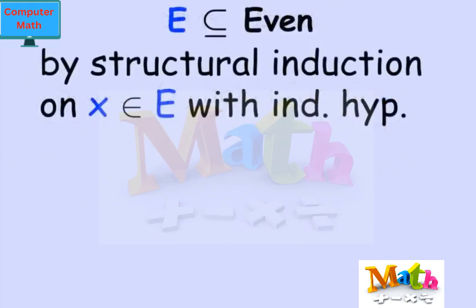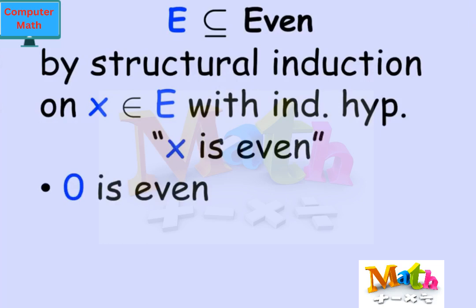Let's do an easy example first. This is one we've actually seen, and we took for granted this method of proof without highlighting it when we argued that the set E that was recursively defined in the last presentation contained only even numbers. So remember, the definition of E was that 0 is in E, and we're going to be proving that x is even by induction. So we need to check the base case. Yes, 0 is even.